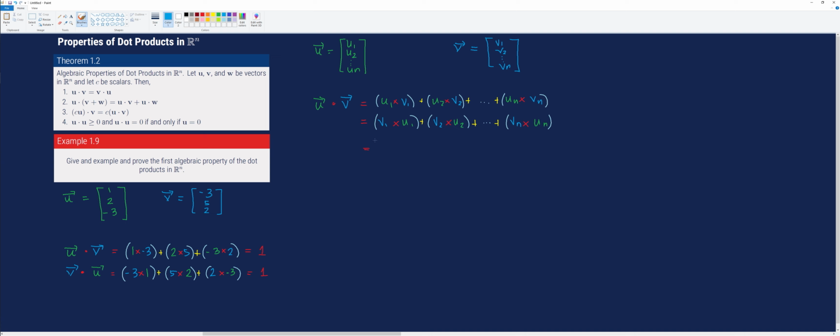Notice that this operation is equivalent to the dot product of vectors v and u, which proves the statement. You may try proving the other properties using a similar process.